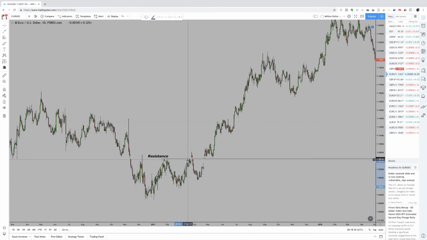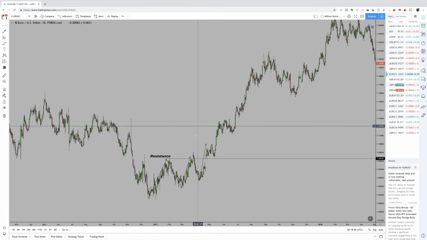Price then goes up to resistance. As you can see, price got to this area. Although it did make a higher high, price did get negated, ultimately came back down. Price went back up. You notice how price is respecting this level, created a newer high, broke through resistance again.